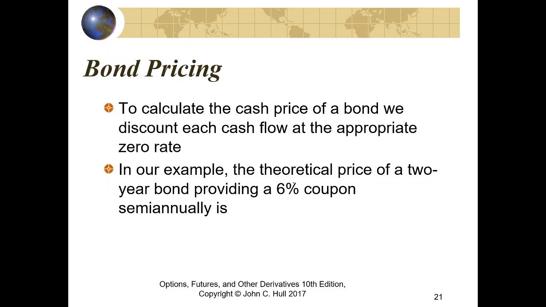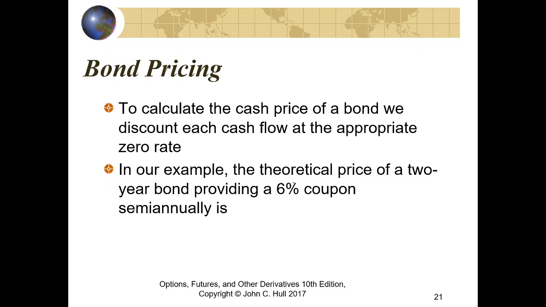So to calculate the price of the bond, what do we need to do? What are the 3 major steps in finding or determining or valuing any security or any project or any asset? We first estimate the future cash flows.